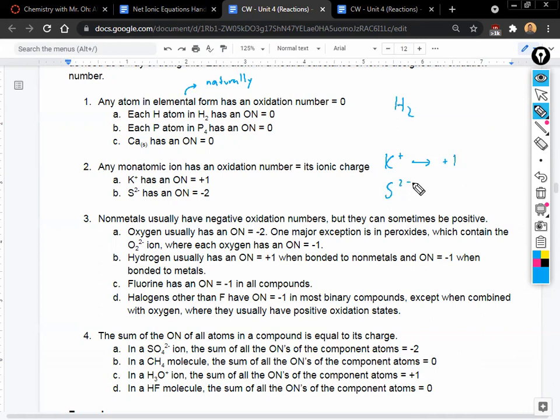If we have S2-, S has an oxidation number of -2. If we have Al3+, aluminum has an oxidation number of +3. This does not apply to polyatomic ions. You can't say PO4 has a 3- charge, so this is 3-. That's not going to work with polyatomic ions, only for monatomic ions.